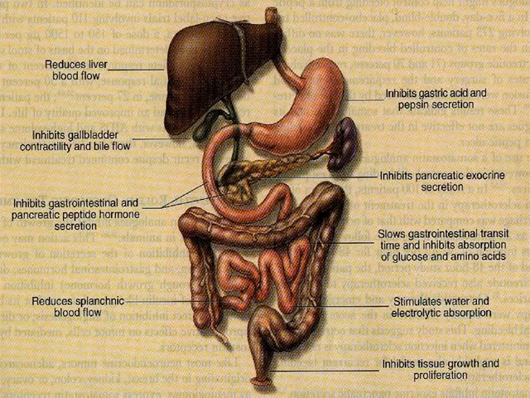So this diagram shows some of the effects of somatostatin analogs. Starting from the liver, there is reduced liver blood flow, then it inhibits gallbladder contractility and bile flow. Then comes the inhibition of GI and pancreatic peptide hormone secretion, then reduced splanchnic blood flow.